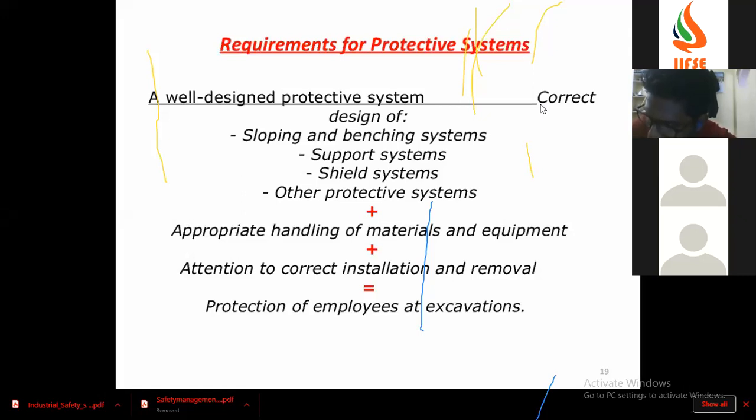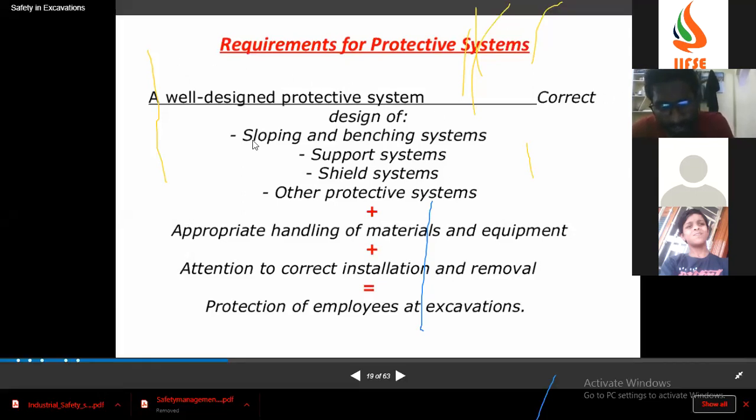You cannot see benching or a trench box. If you are designing culverts, they'll do sloping. That's the best way. Or in the reservoir part, the rivers which flow from the reservoir, they'll do sloping. Fine. A well-designed protective system can include sloping and benching systems, support systems, shielding systems, and other protective systems.